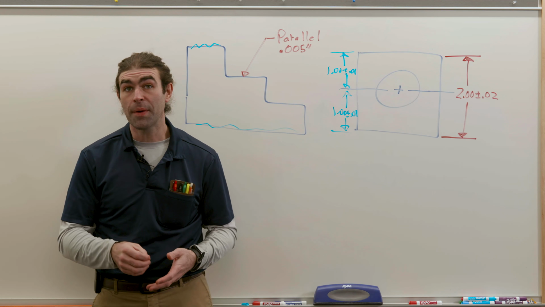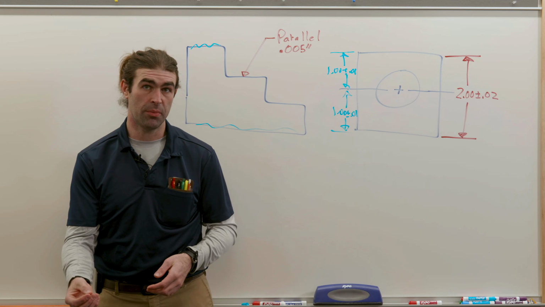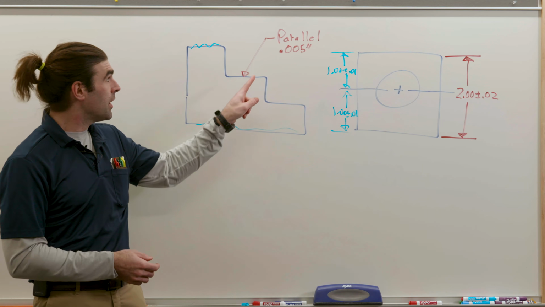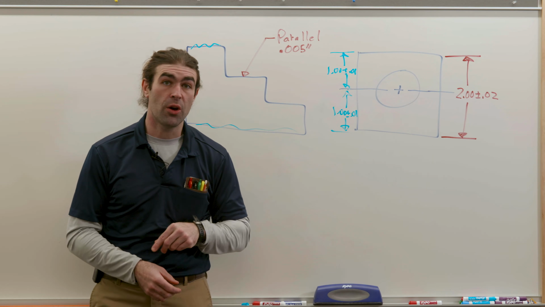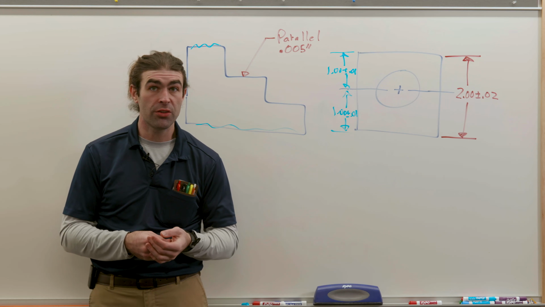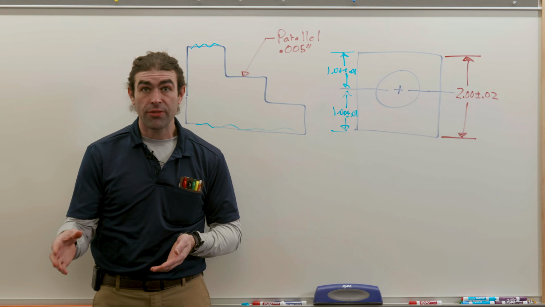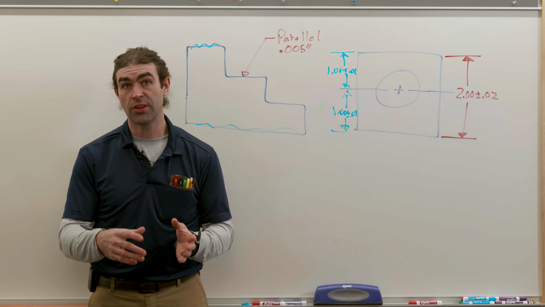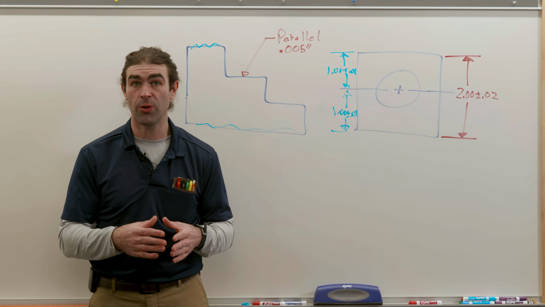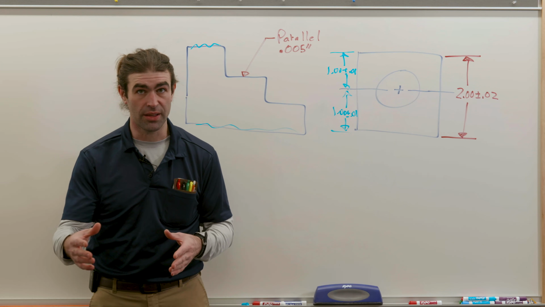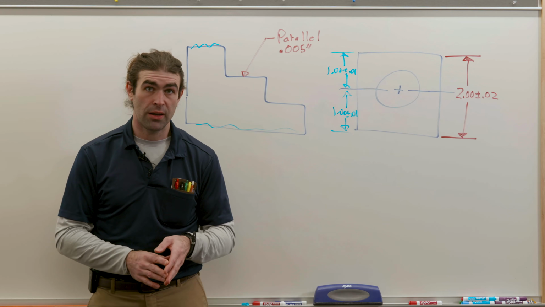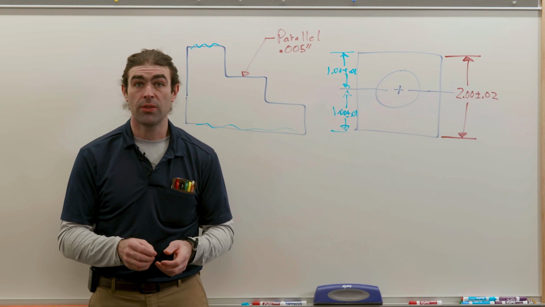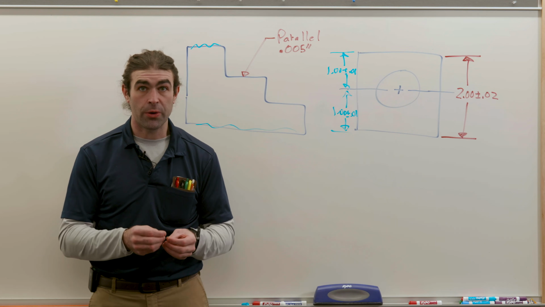Next up, let's talk about feature control frames. This example here, I've just written out in a note, and that was the way to do it. Older drafting manuals would just spell things out. Hey, make this cylinder concentric to this cylinder. Make the total indicator read out this. Everything was written in notes. The problem with notes is that they leave room for interpretation.